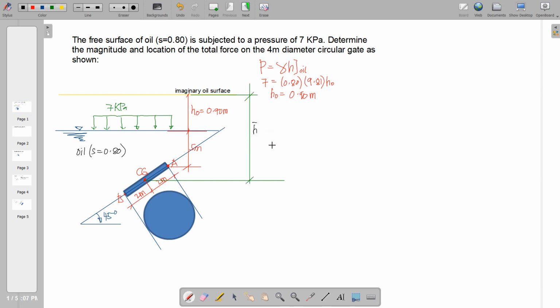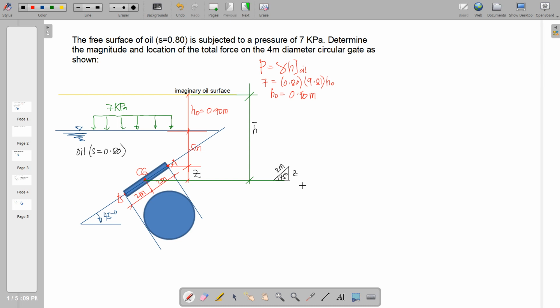Now this shall be the total H bar. So the total H bar is 0.9 plus 5 plus this dimension. So I'm going to denote this by Z for a while. So Z is part of this right triangle here. Say this is Z. This is 45 degrees and that is 2 meters.